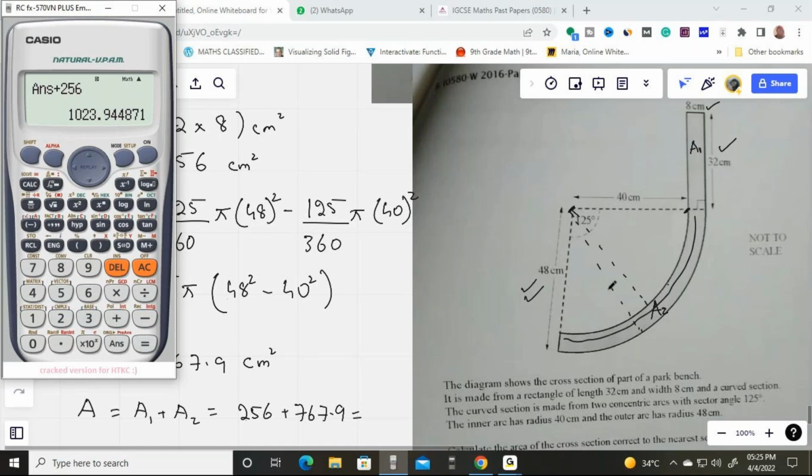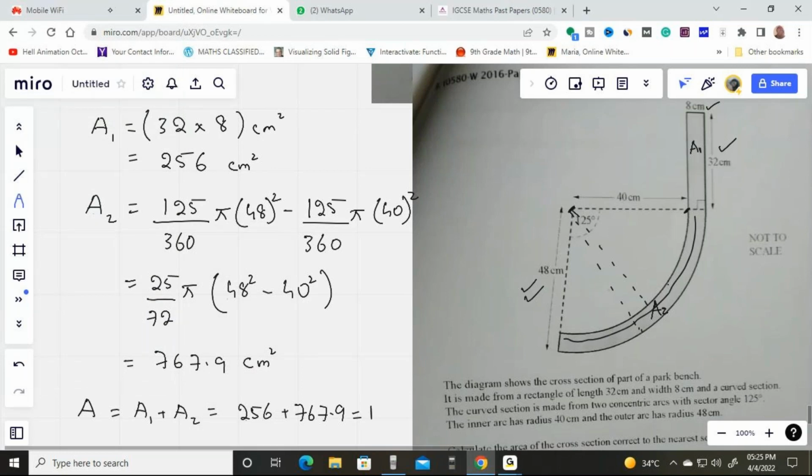So 1024 will be the answer. Centimeter square. That's how we do it, and I hope it's clear.